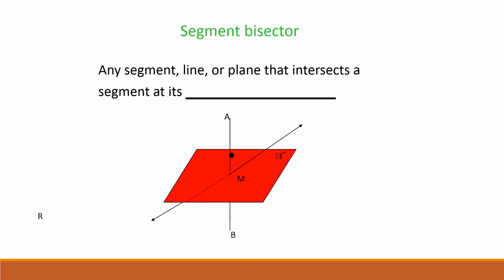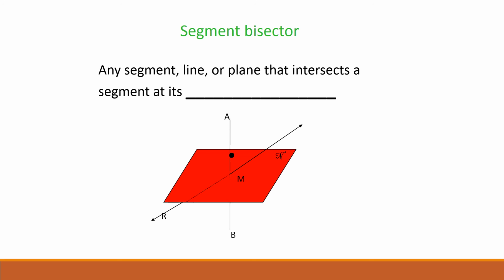We also have a line, line RM, passing through plane N, and both of them are passing through at M. That black dot was supposed to be on M, but it didn't show up on my PowerPoint.